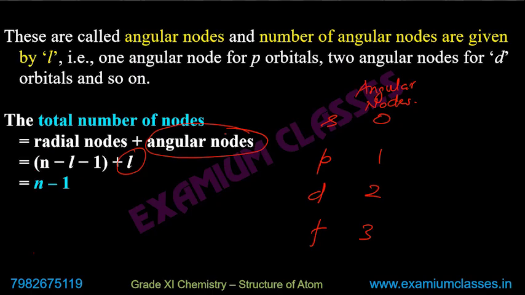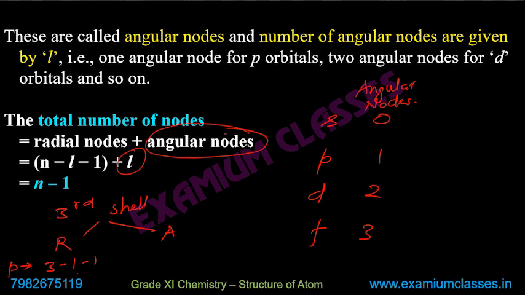So suppose I say that in the third shell, how many radial nodes will be there? Radial and angular. Radial nodes will be 3 minus, if I am talking about p orbital, L is 1, so 3 minus 1 minus 1. Sir, one.